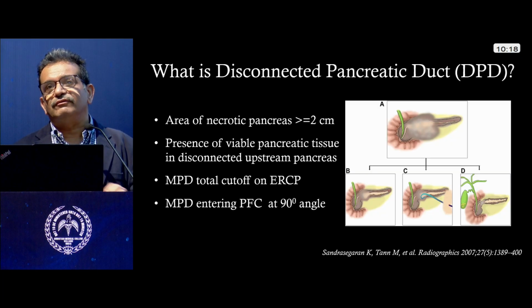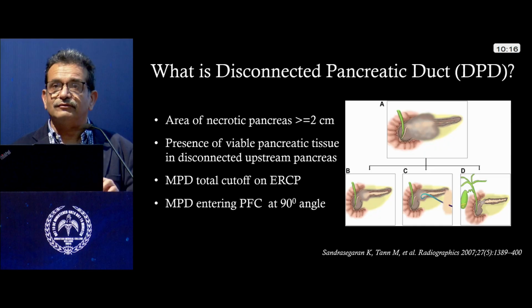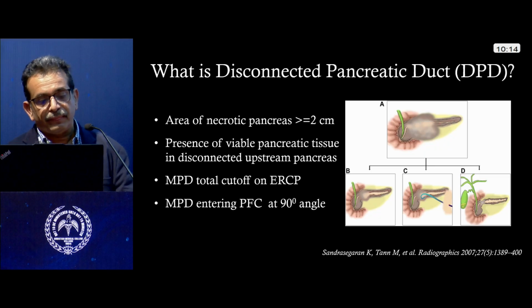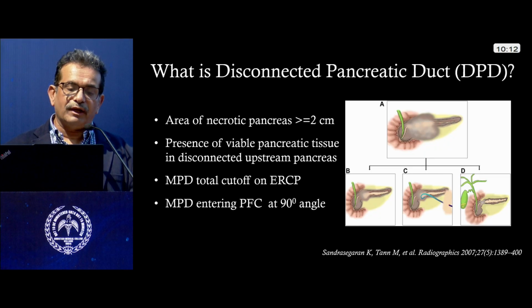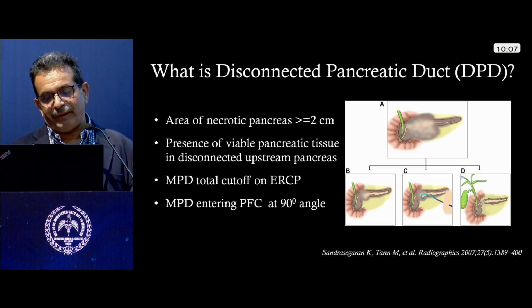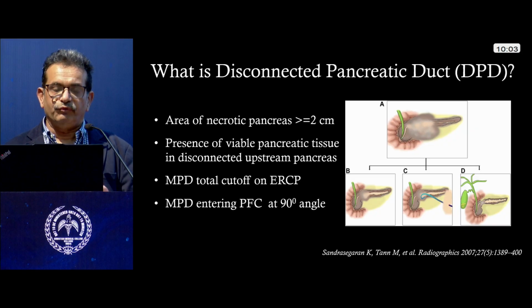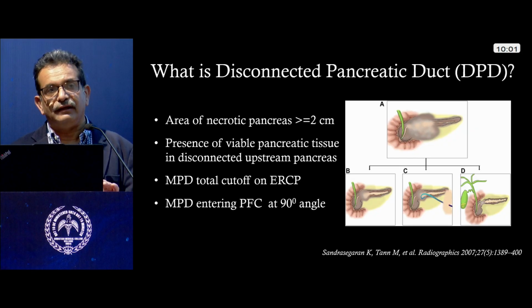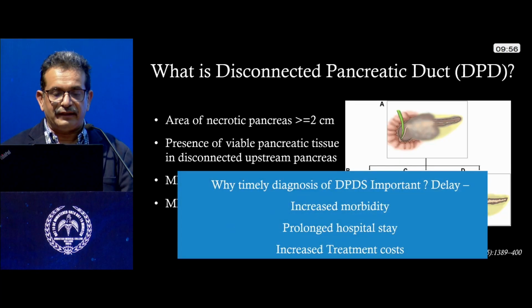But if it occurs somewhere in the mid-body or the neck region, that's where it's going to happen more commonly. And typically it has to have a total cutoff on ERCP. And how we can suspect is that if the MPD is entering a fluid collection at around 90 degrees angle, that is where you can suspect that this can be a disconnected pancreatic duct.